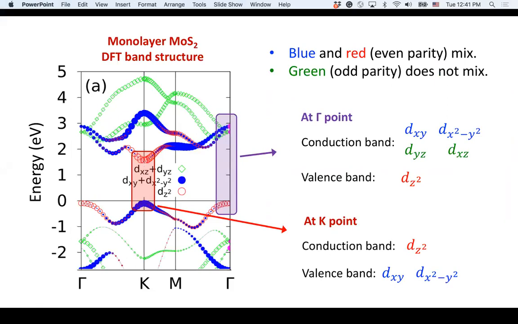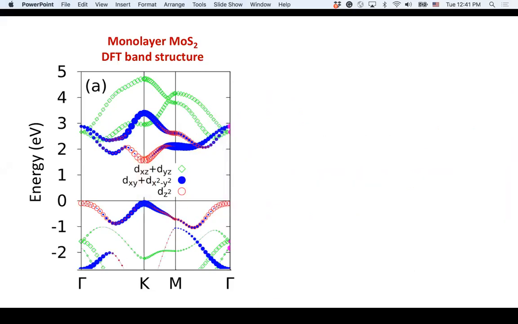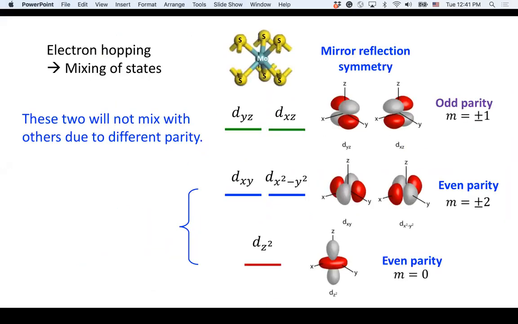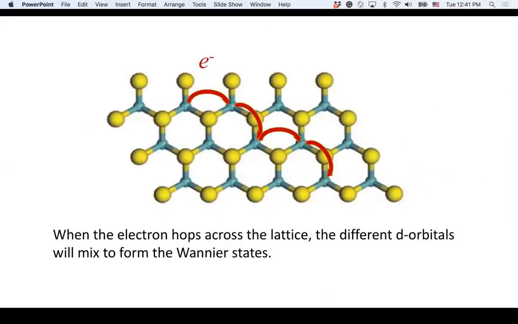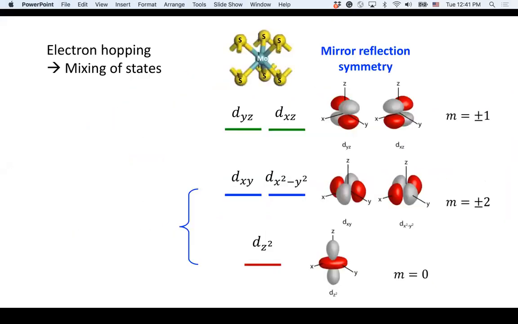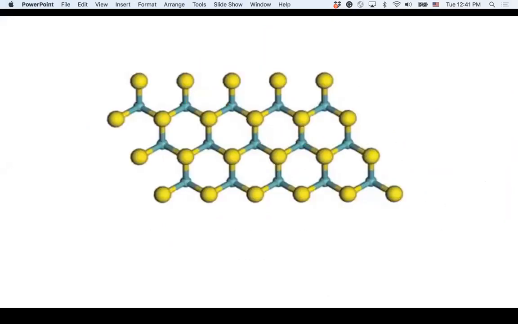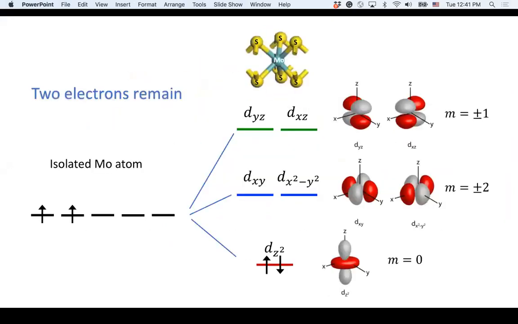Okay, so first, let's check the origin of the band gap. The origin of the band gap is this. If you only have one Mo atom, all the D states have the same energy. There's no energy gap.